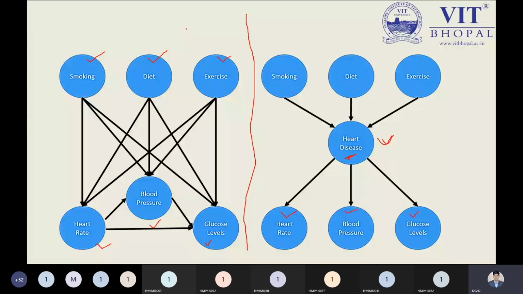So if you have a very bad habit of smoking, you are not having a good diet, and you are not doing good exercise, then based on the output, you can say you may have heart disease. And this heart disease basically is a hidden property or hidden variable which describes each and every case.